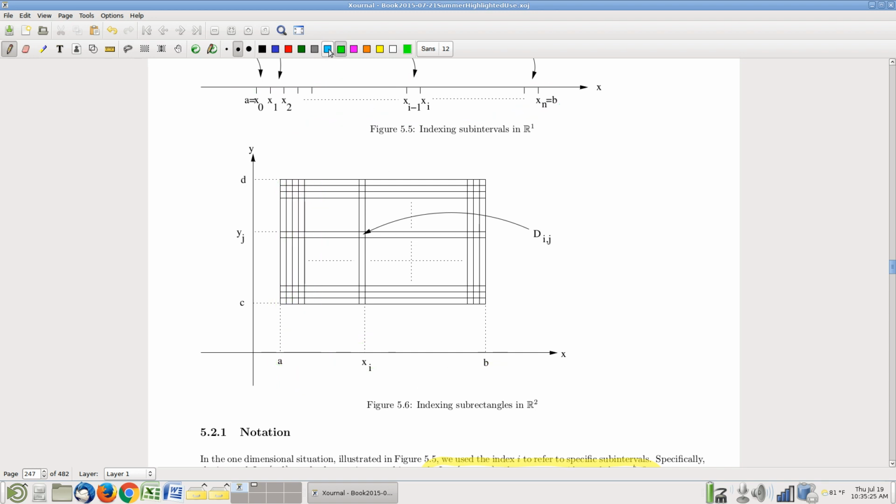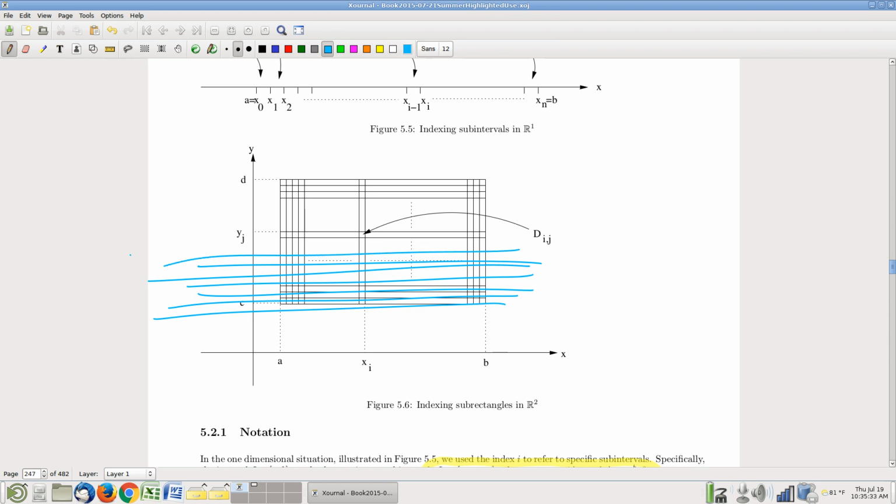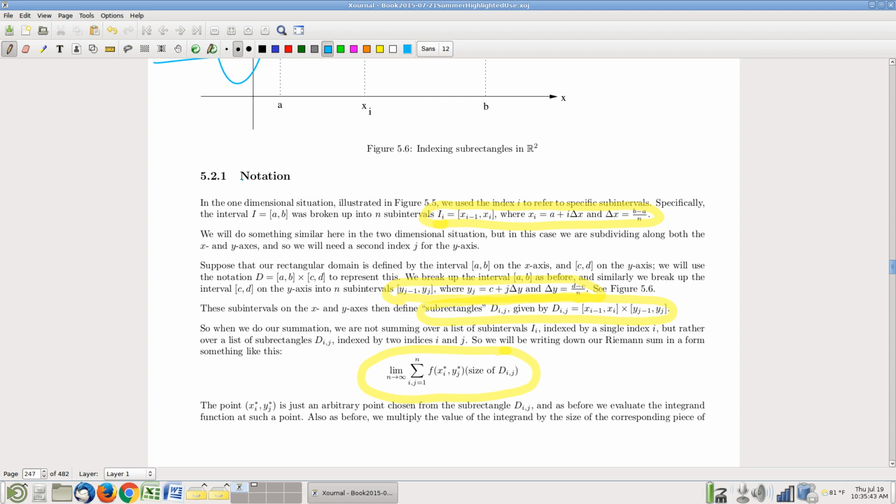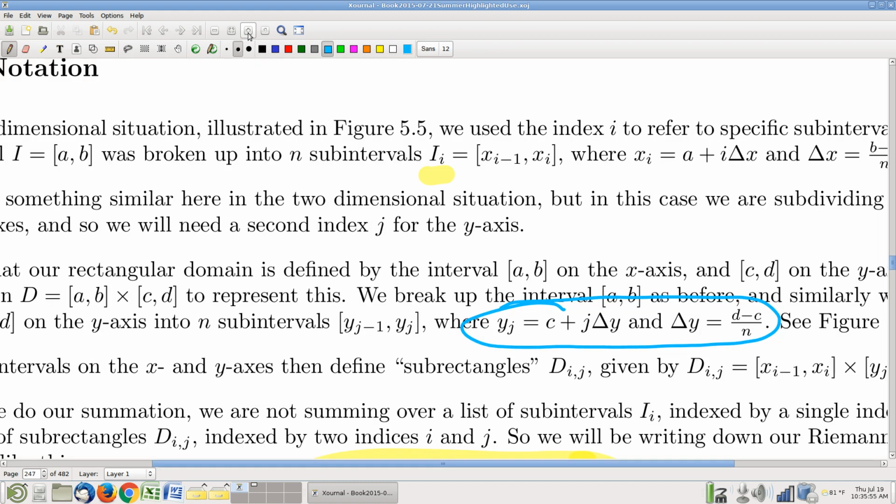It's not that different when you're slicing this way. It's not exactly the interval from a to b, but it's just c to d instead, and it's very analogous. And so the things that we write down there look just the same, a little bit different, not very different. So delta y, y sub j, morally the same formulas.